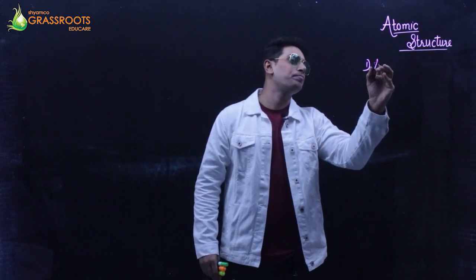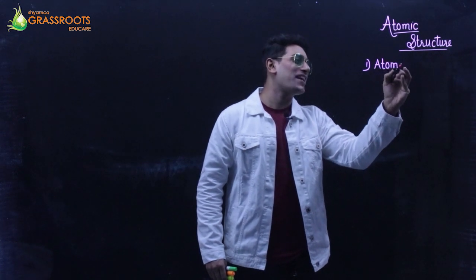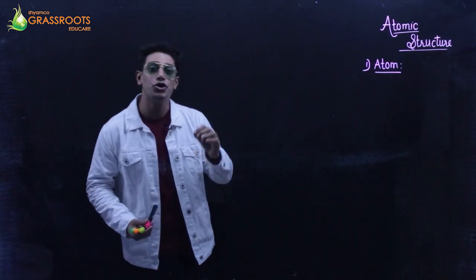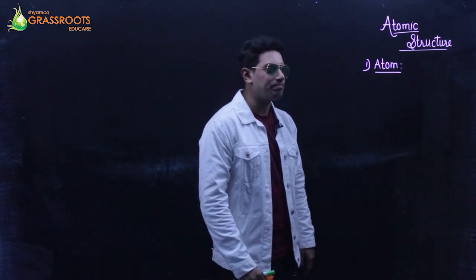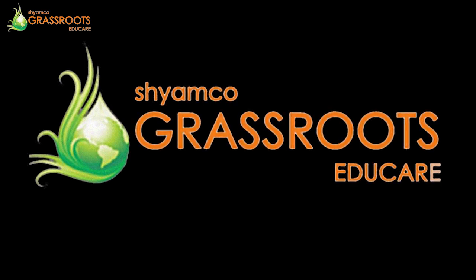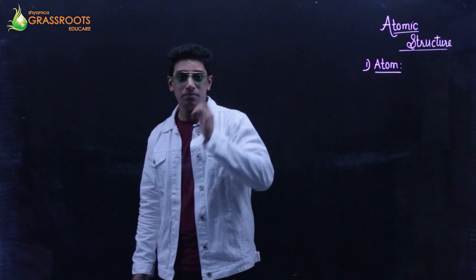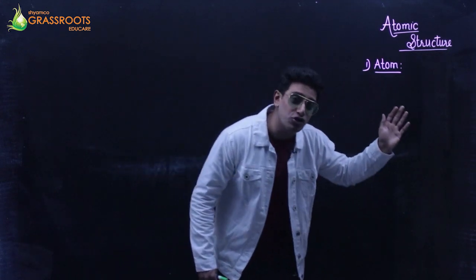In atomic structure, first, I'm going to talk about an atom. We always used to say that an atom is the smallest indivisible particle or unit of matter, right? So atom was indivisible, but that was prior information.